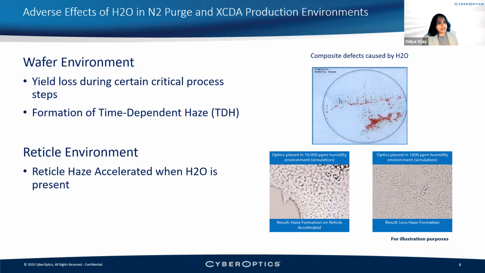This creates a time-dependent haze. And this is common not just for wafers, also for reticles, where you can see how the haze looks on a reticle, which is quartz, a glass material. This haze does not yield good wafers, and it makes the entire process very random and less predictable.